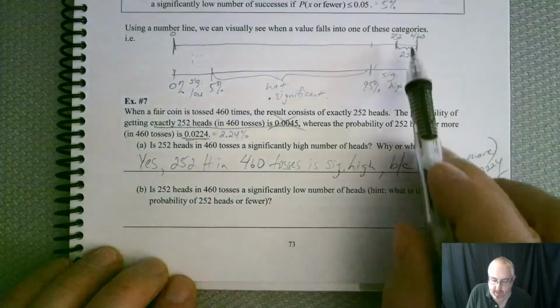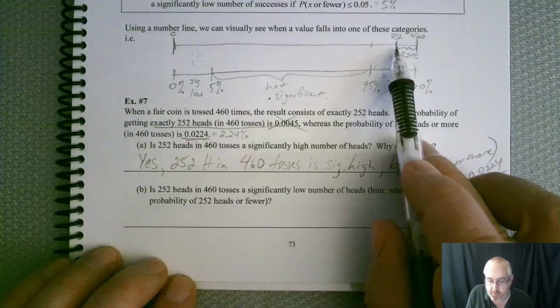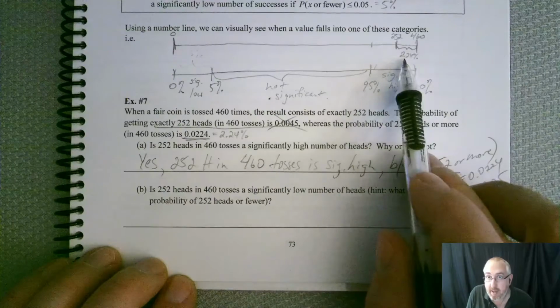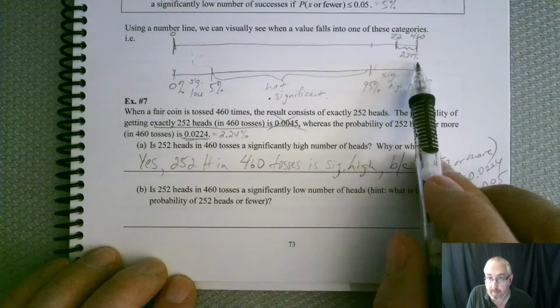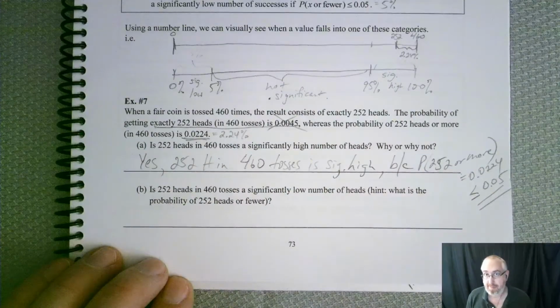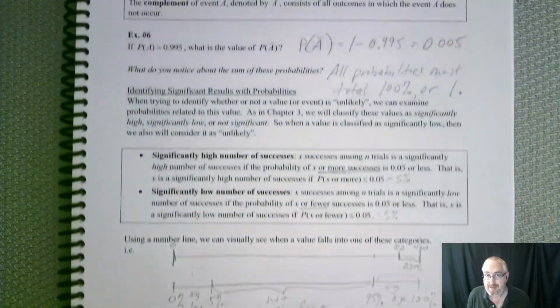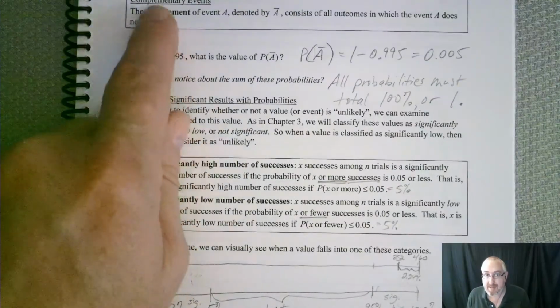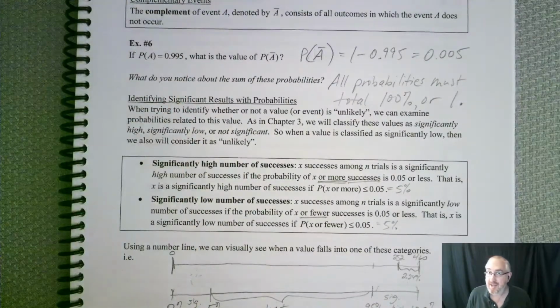Okay, so if we went back to our picture for a second, 252 and higher is 2.24%. So what's 252 or lower going to have to be? If we use our complements, that should tell us the other side.